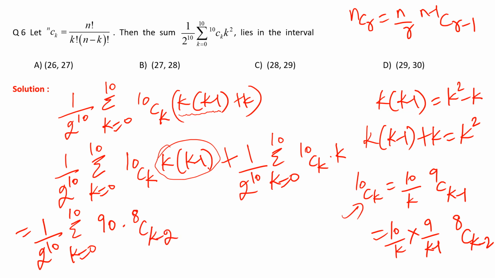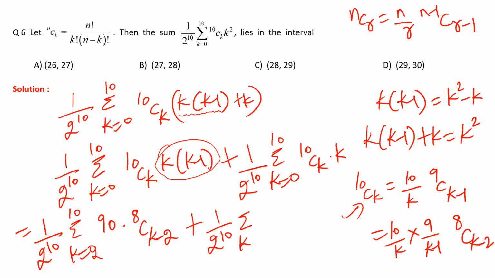Fine. And this particular limit k equal to 0 now does not make any sense because this term will become absurd. So I am replacing this 0 by 2. That means my terms are going to start from k equal to 2 and they will go till k equal to 10. Fine. Plus 1 upon 2 to the power 10 into summation.